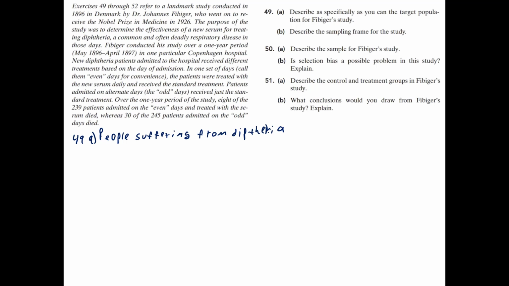Right? Describe the sampling frame. Right? So we're not going to get everybody who's suffering from diphtheria. We're only getting the people who are coming to the hospital, and only the Copenhagen hospital. People who attended this hospital.